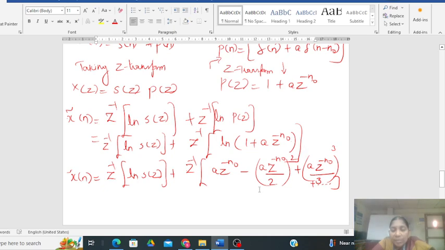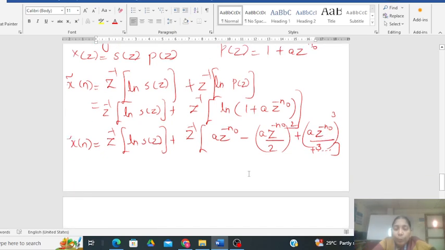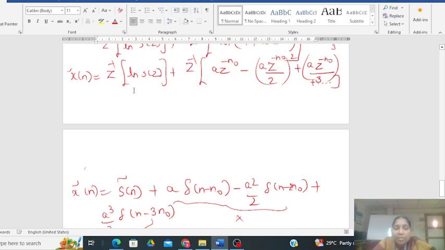When you expand it, it will be a into z power minus n naught, minus a into z power minus n naught by 2 the whole square, plus a into z power minus n naught by 3 the whole cube. So the next expression, in this case x bar of n, the inverse z transform of ln of s of z, is s bar of n plus a into delta of n minus n naught plus a minus a squared by 2 delta of n minus 2 n naught, like that.